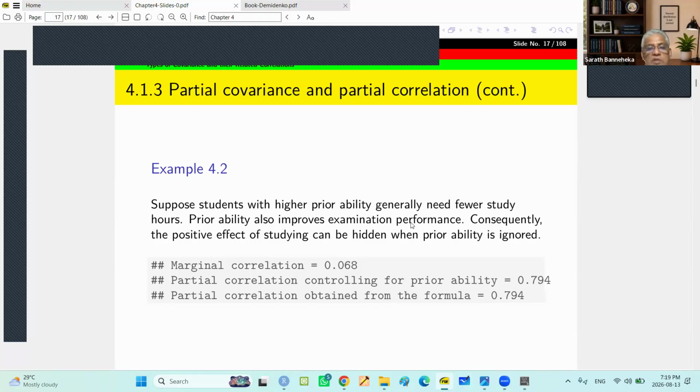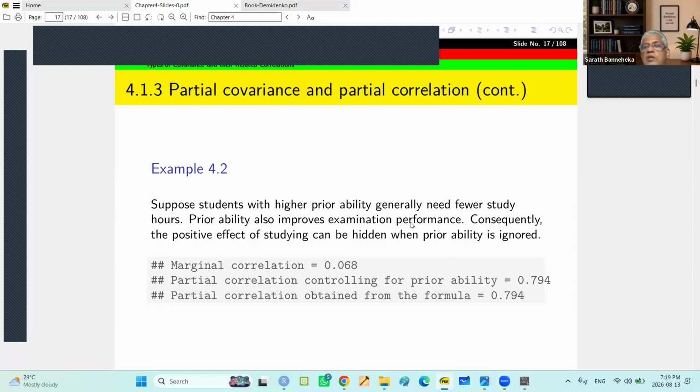So here we are going to consider three variables again. One variable is the amount of studying. The second variable is the examination marks, for example, examination performance. A third variable is prior ability.